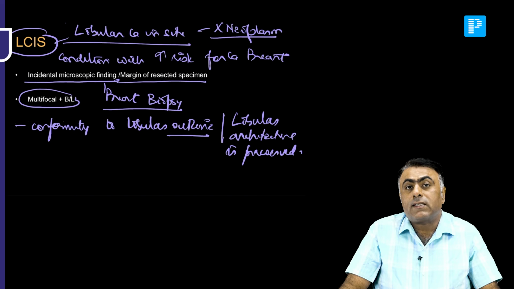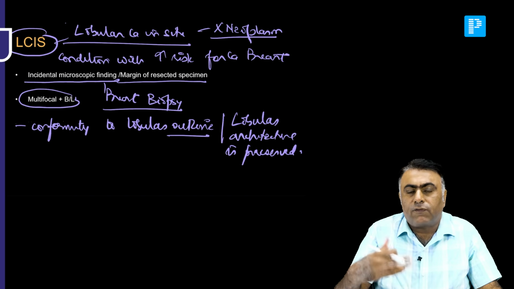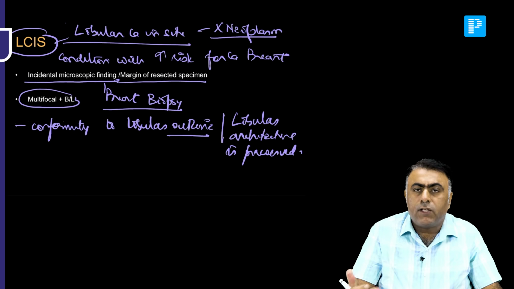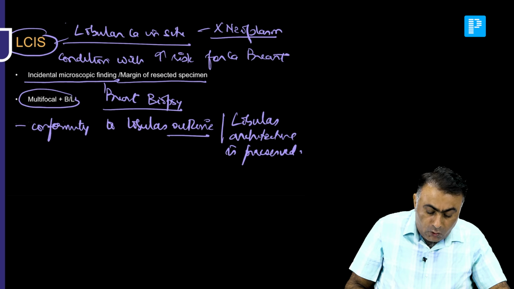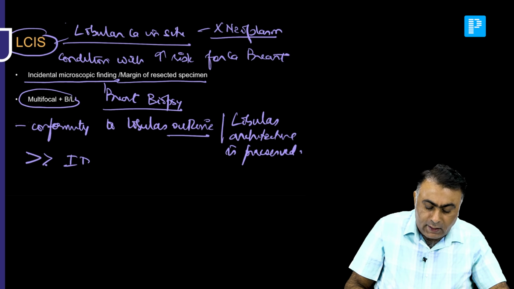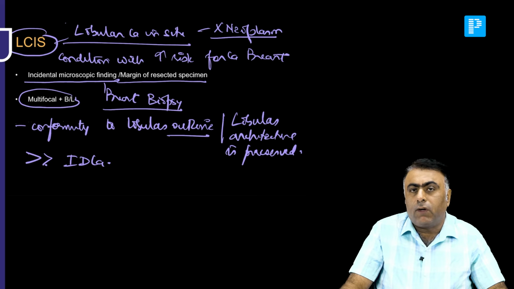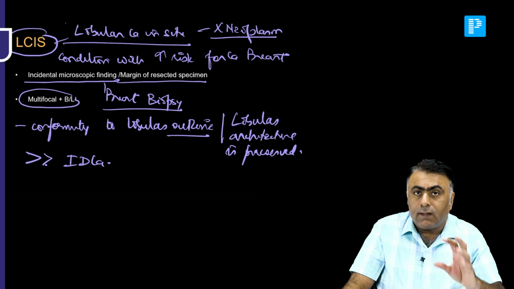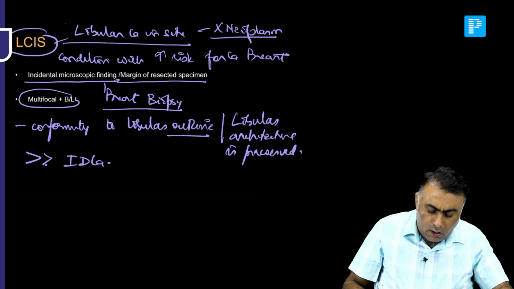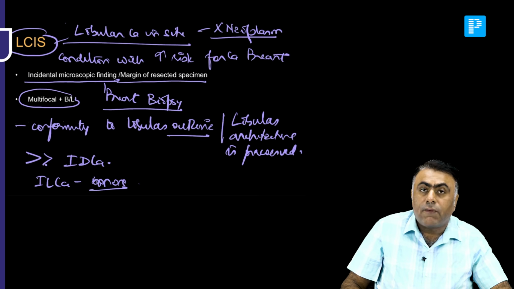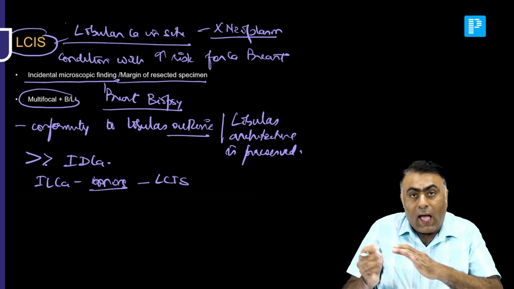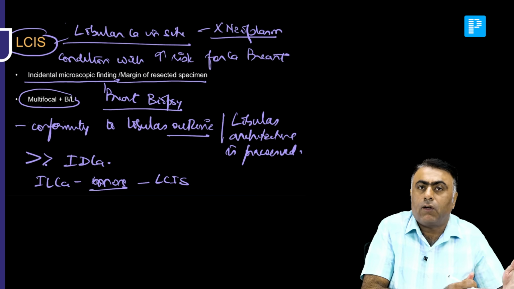Then I said it is a condition with an increased risk for breast cancer. So when it leads to breast cancer, something very, very important, it more commonly leads to infiltrating ductal cancer. But apart from that, the risk of infiltrating lobular carcinoma is also more in patients having lobular carcinoma in situ as compared to the patients who are not having lobular carcinoma in situ.